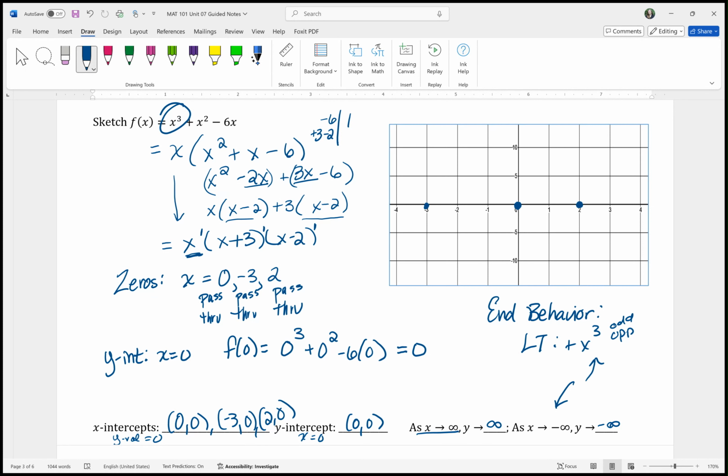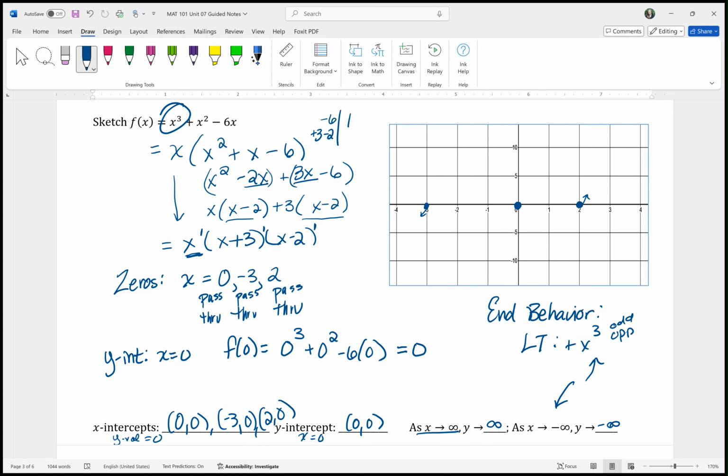From the rightmost x-intercept, it's going to go up. So we know this is going up. We'll extend that out once we get the general idea of the graph. On the left side, we know that this is going down from the leftmost x-intercept. So this is going to go down.